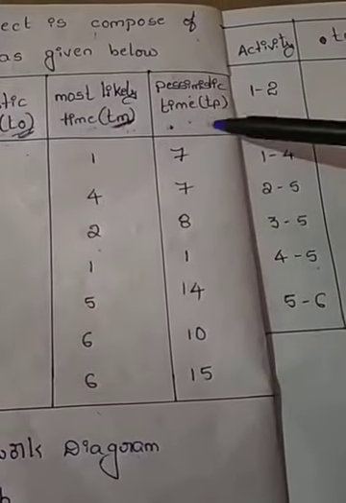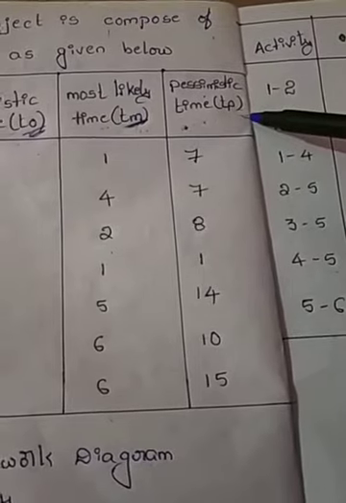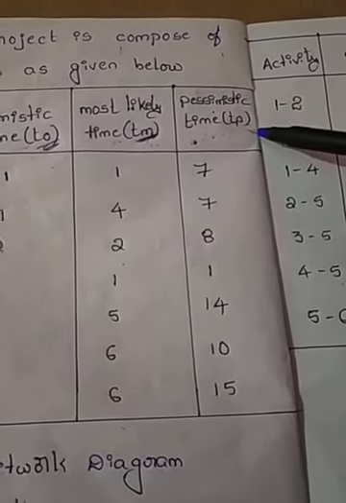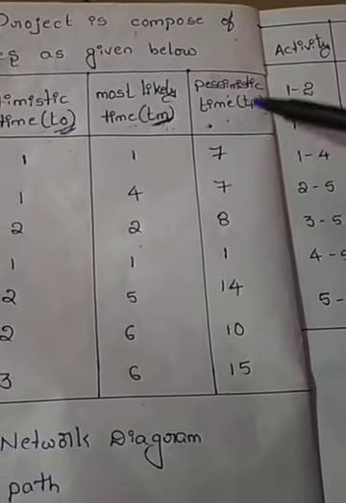Next, pessimistic time, TP. When all the situations are unfavorable to perform an activity, it is called the pessimistic time.